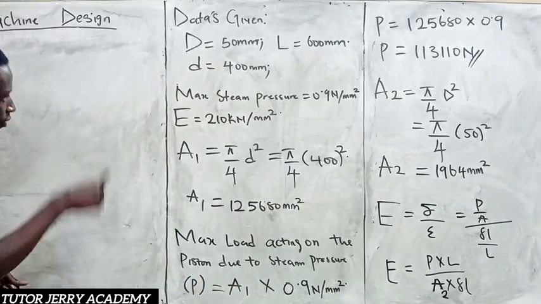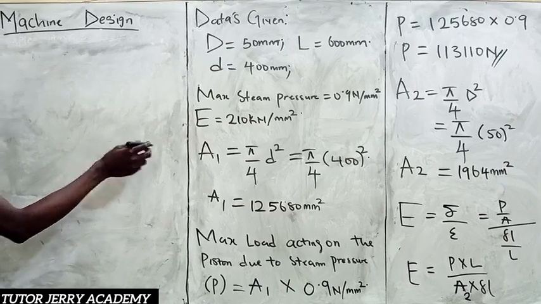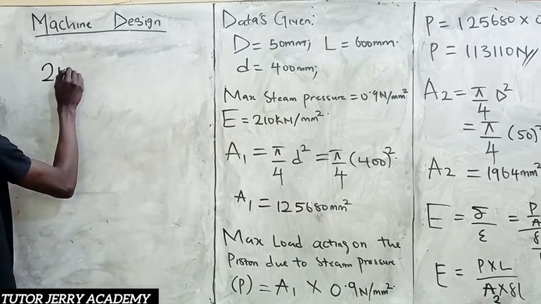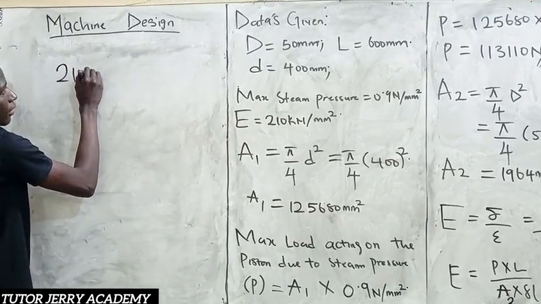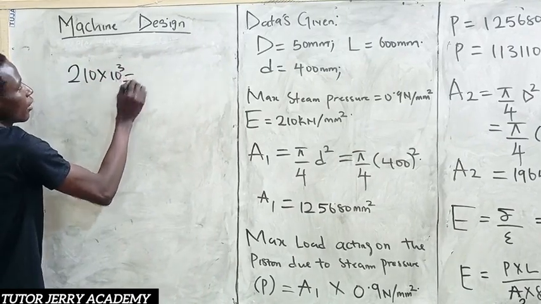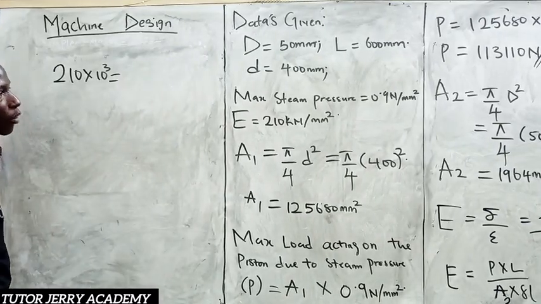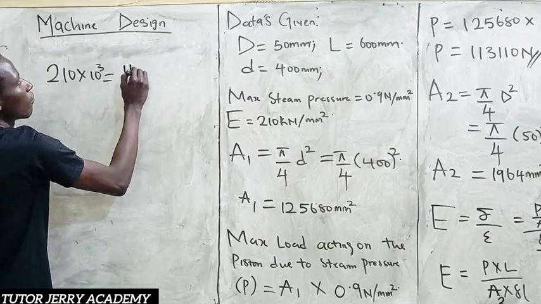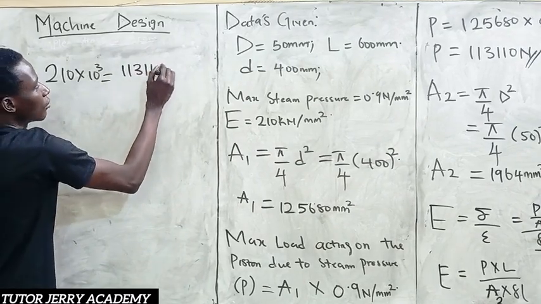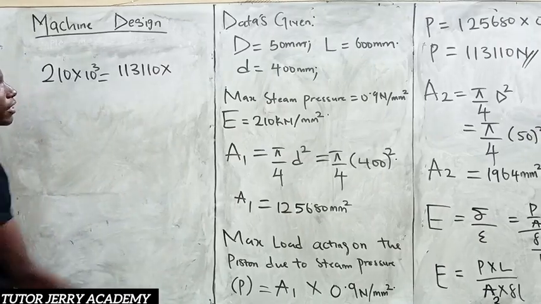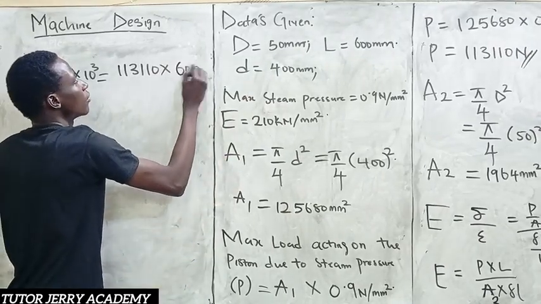So our E, which is our modulus of elasticity, is nothing but 210 times 10 to the power of 3. This will be equal to our load, which is 113,110, multiplied by our length of 600 millimeter.